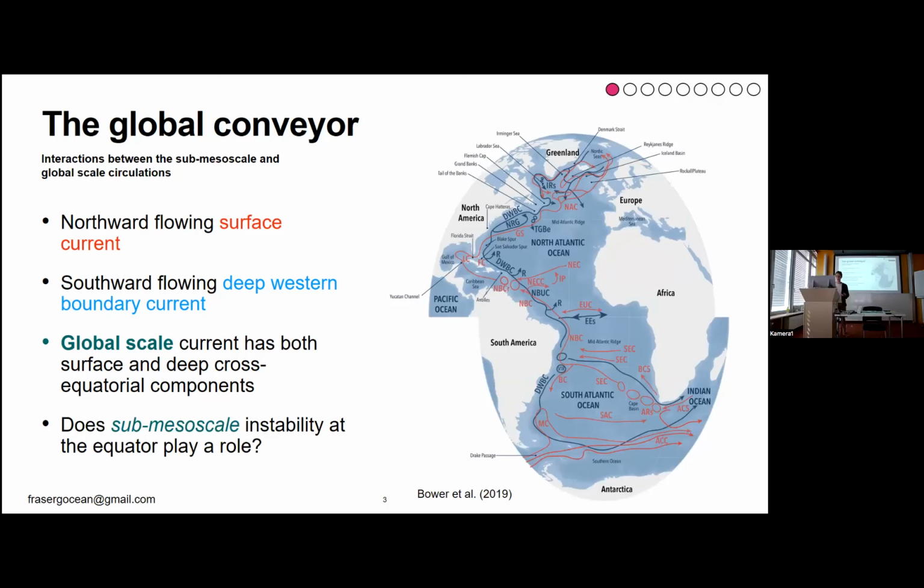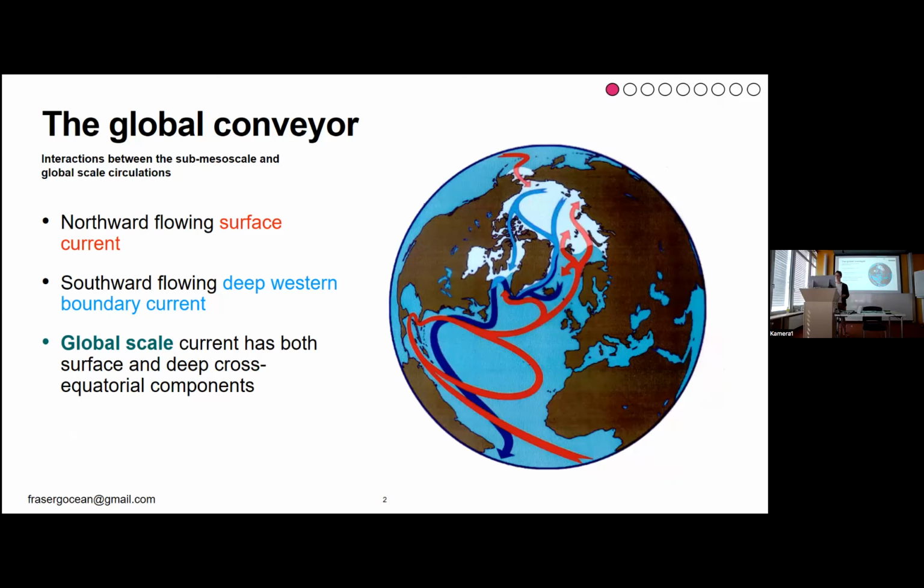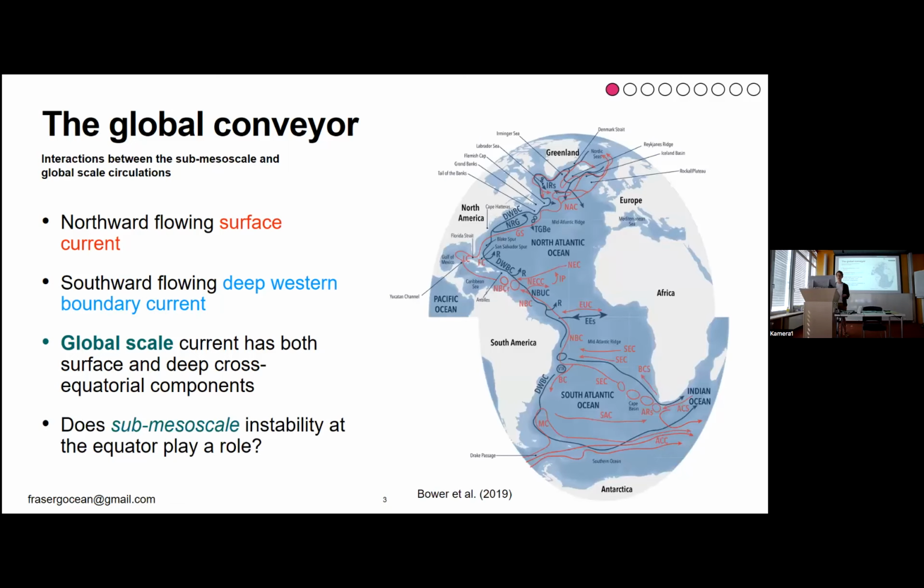This previous slide is maybe now an outdated view of the AMOC. It shows it as one huge coherent current. But actually, we know now, as a result of observations and other advances in things like modeling, that it's not just one current.